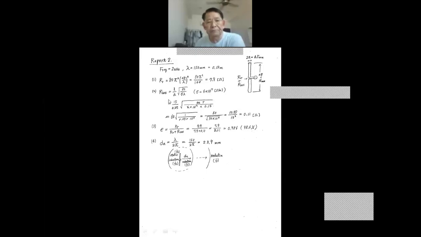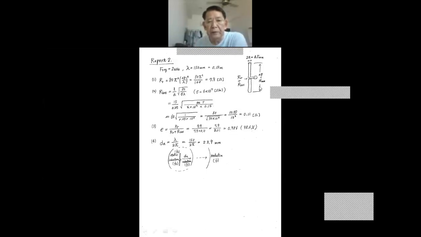And another is the loss of this wire. This wire is copper, so the conductivity is 6 multiplied by 10 to the power 7. So R loss is calculated by this equation. L is delta Z, divided by A the radius, times root of 30 divided by sigma lambda. So put the data in this equation.